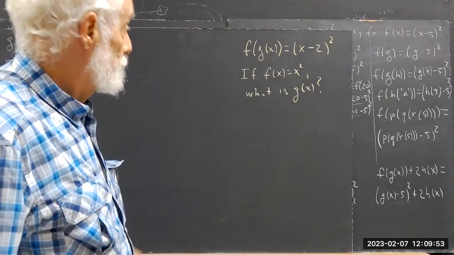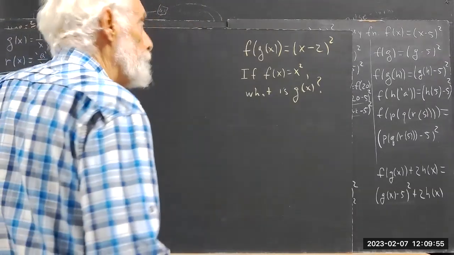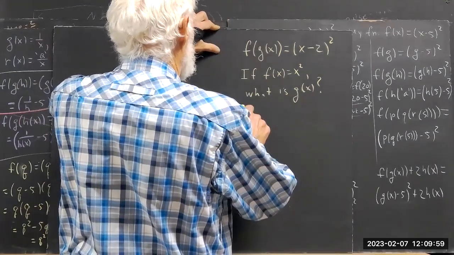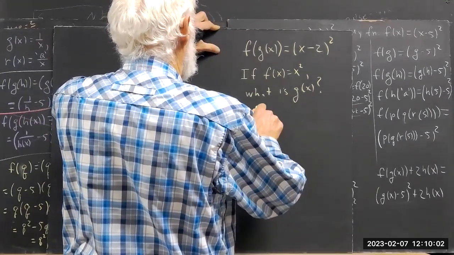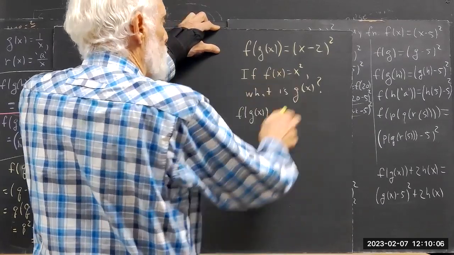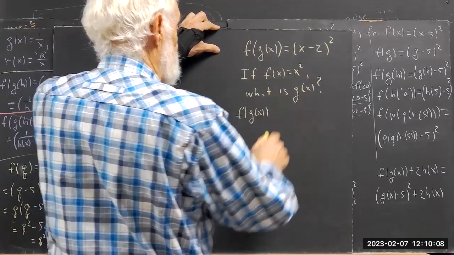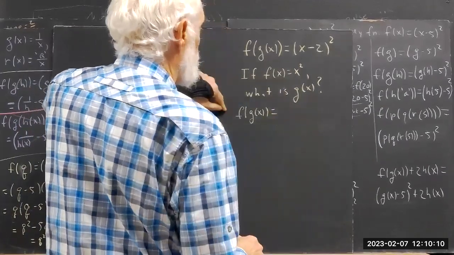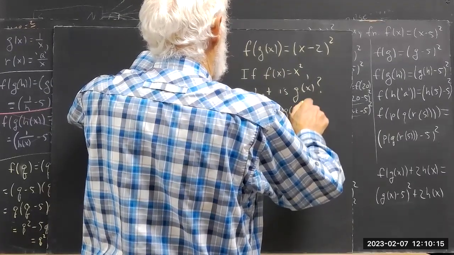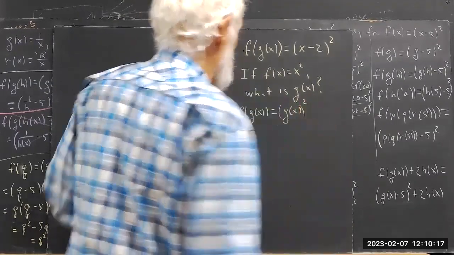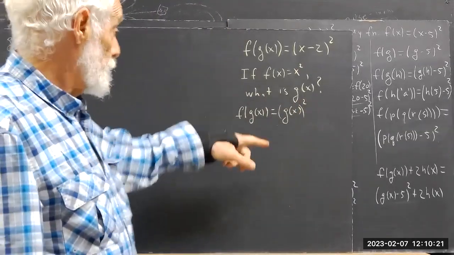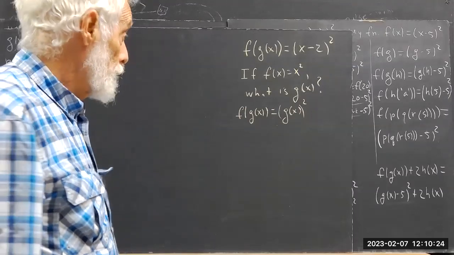The first thing you can see is, if you know what your f of x function is, you can plug your g of x function in. If f of x is x squared, then f of g of x is g of x squared, right? That's just straight substitution.